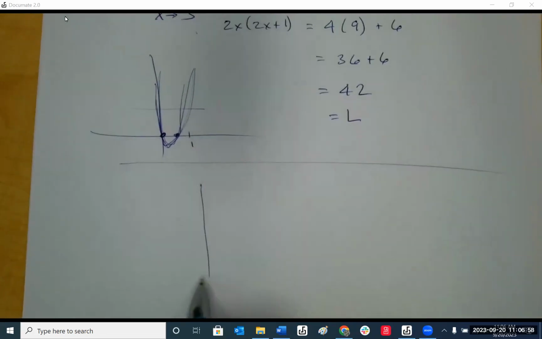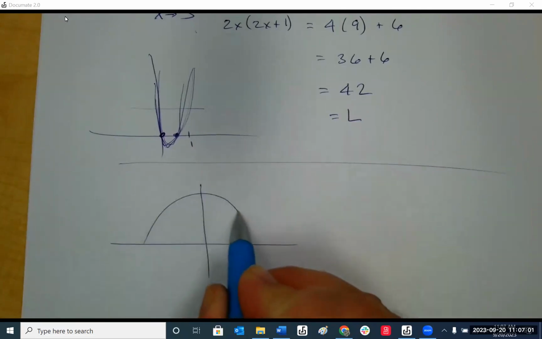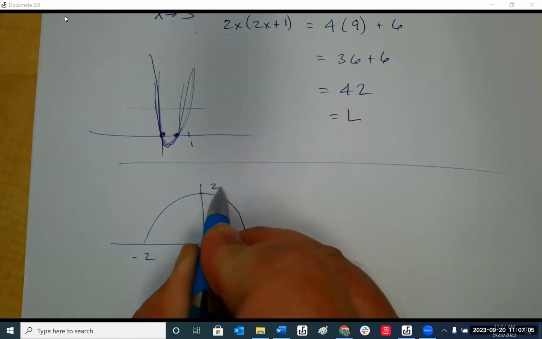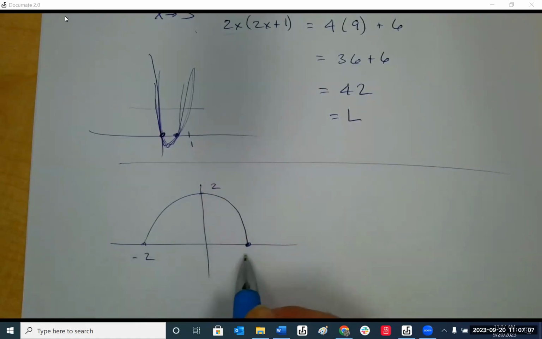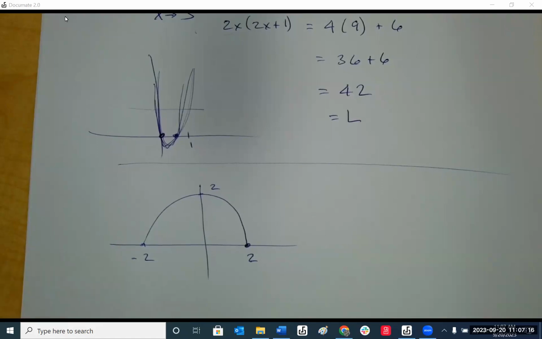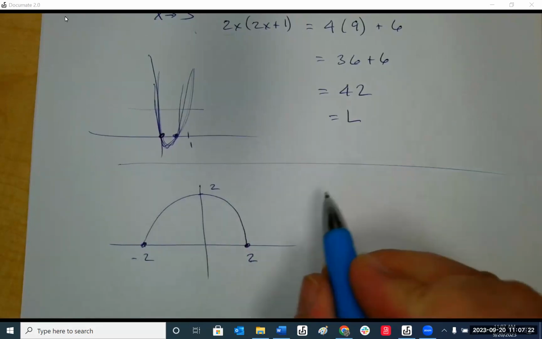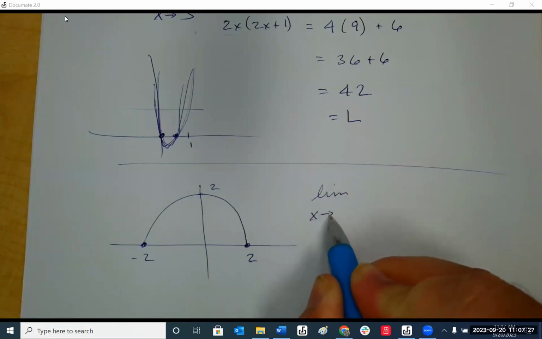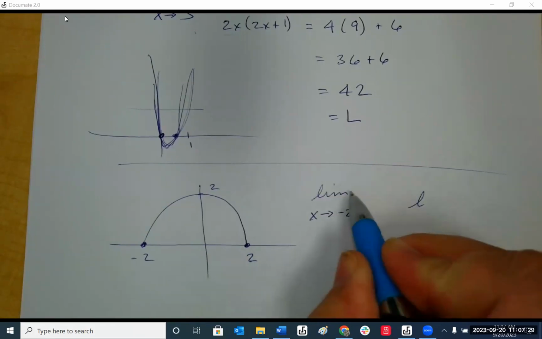How about if we had a function that looked like this? Semicircle. Is that a function? Yes. It's not 1-to-1. Can we take the limit at 2 of our function?